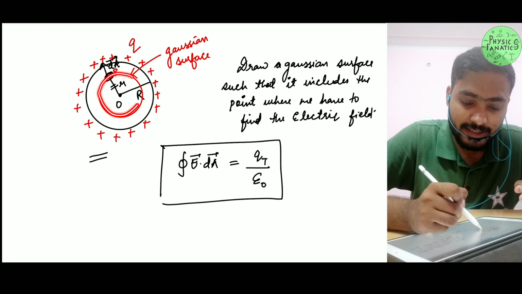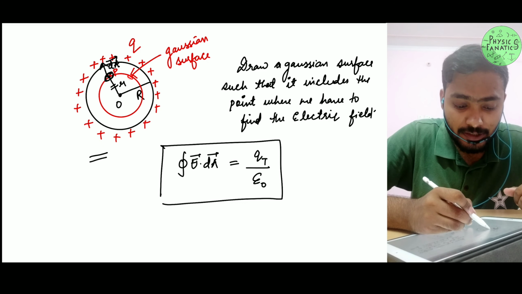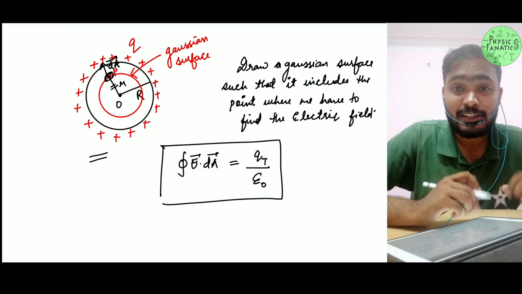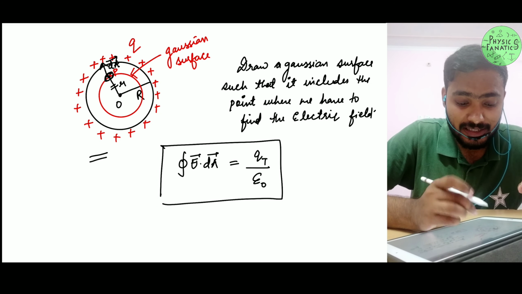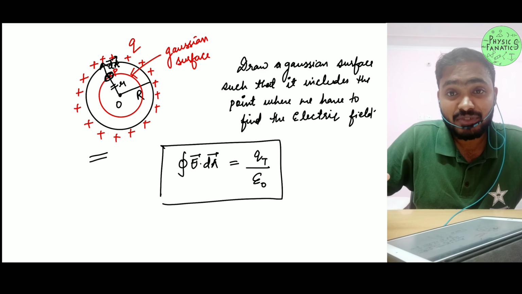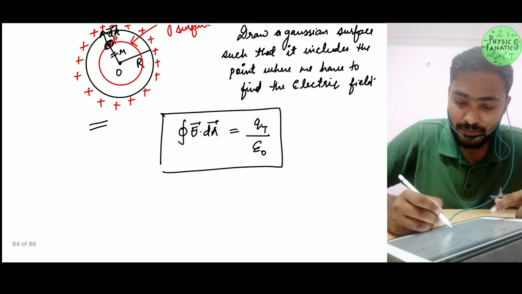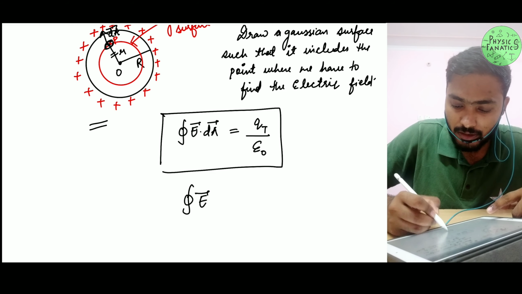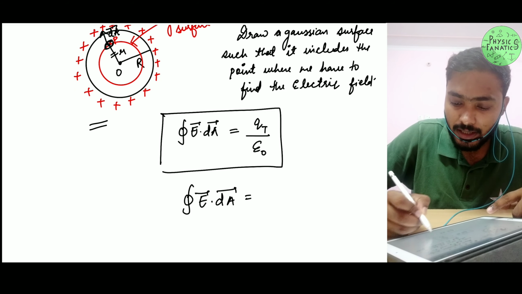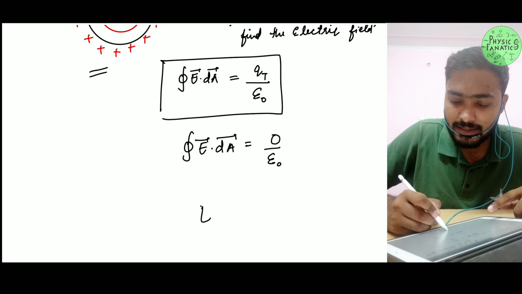All the charge is at the surface. There is no charge inside, so the charge value is 0. So E dot dA equals 0 upon epsilon naught. Can I say this implies that the electric field is 0?